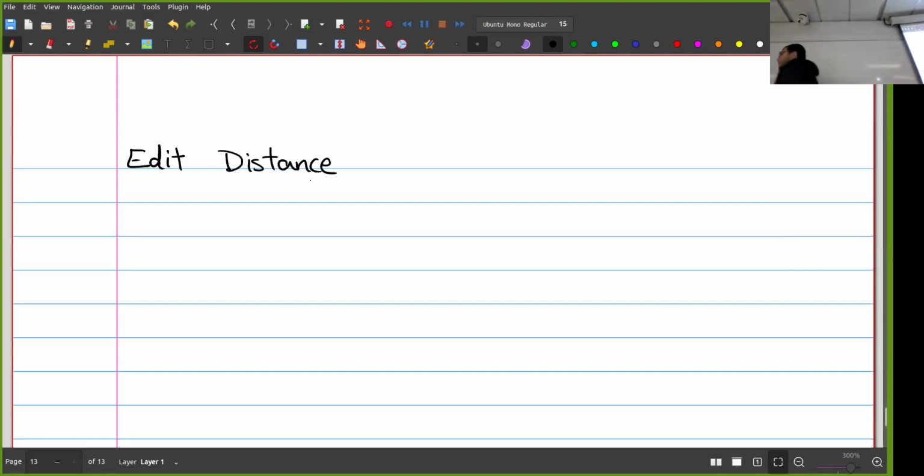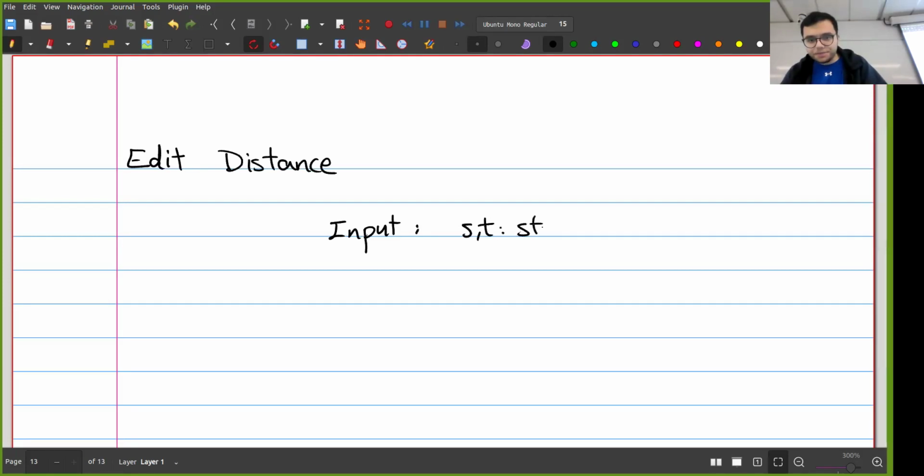So imagine that I have two different strings, S and T, and I somehow want to convert S to T. But each time I can either add a letter, or I can remove a letter, or I can change a letter. So we want to convert S to T.